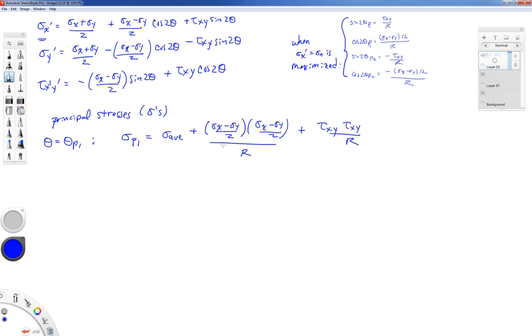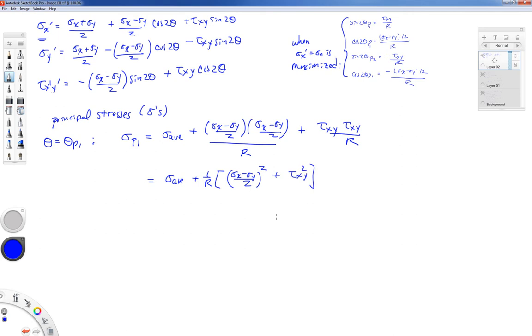Now if we look at these last two terms, they have a common denominator. So we're going to pull that out front. And we're going to be left with sigma x minus sigma y over 2 squared plus the quantity tau xy squared.